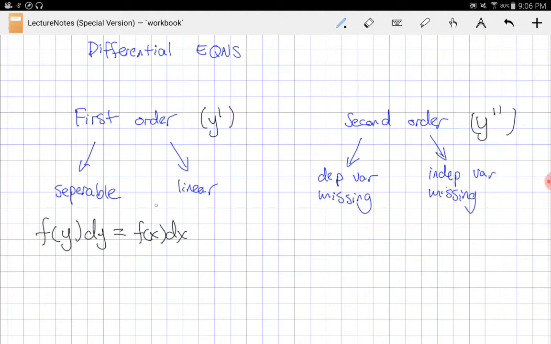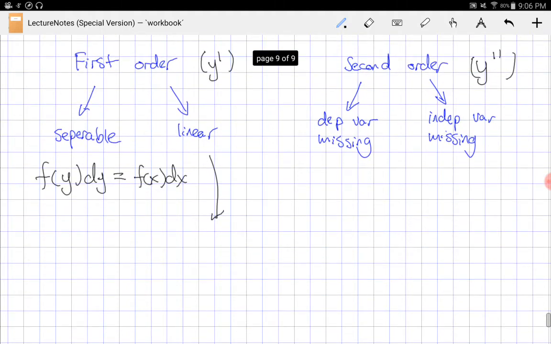Now, if it's not a separable first order differential equation, then most likely it will be a linear first order.